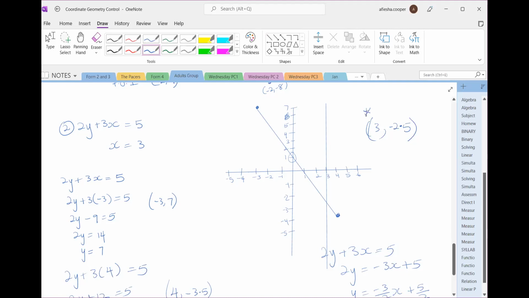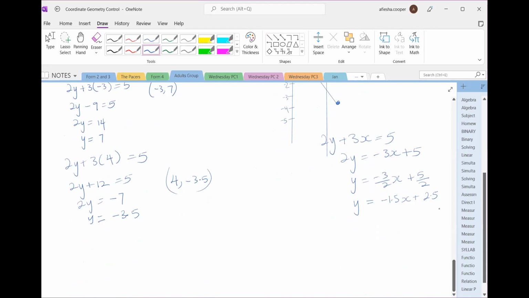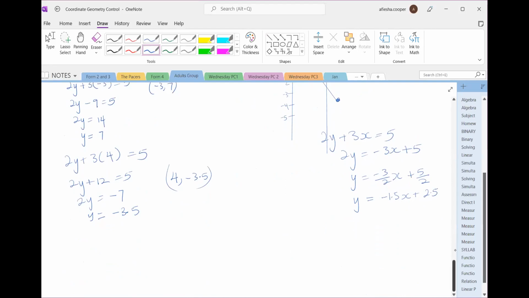Everybody understand? So good job on plotting your graphs. Pick a far point on the left, a far point on the right, and cross your axis. You can identify your y-intercept from where the line cuts the y-axis. You can identify your points of intersection from where the two lines cross each other.